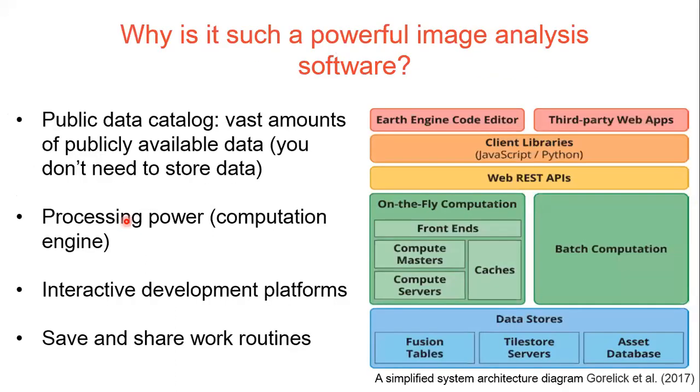So why is it such a powerful image analysis software? This is basically the simplified system architecture diagram of how Google Earth Engine works. With the help of the code editor and third-party web apps, the client, with the help of JavaScript and Python, interacts with Google Earth Engine through the REST API.